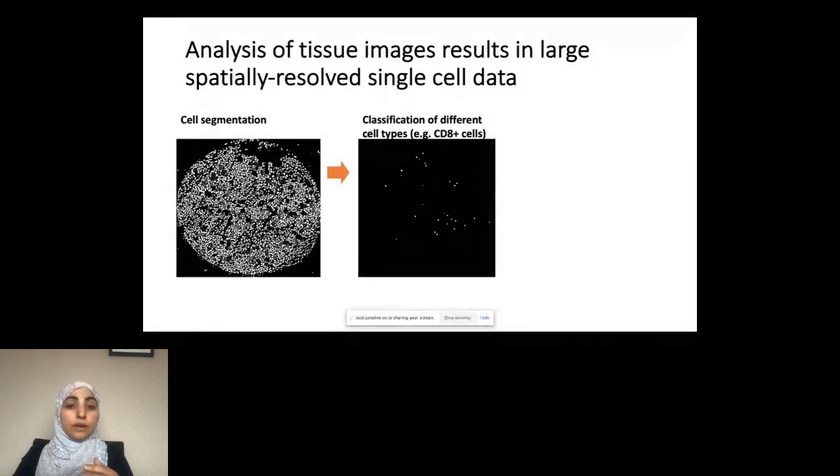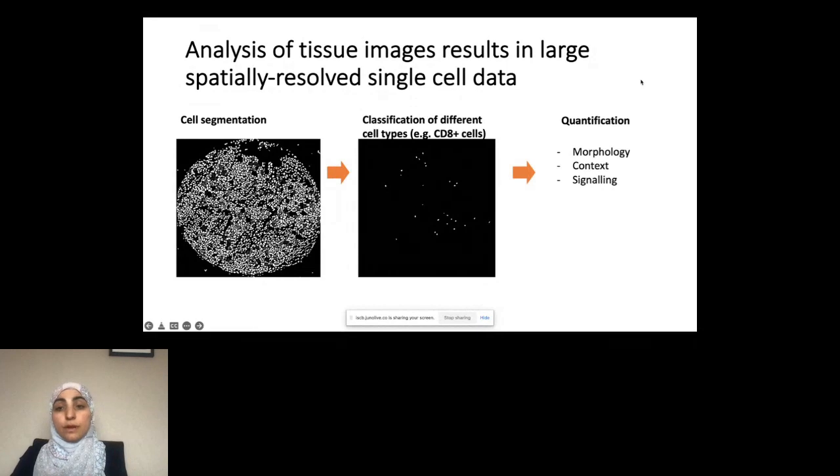We need to classify the different cell types like CD8 positive cells, CD68 positive cells, etc. From that, for each cell, we can extract various information like the morphology, the length, the width, the area, but also the context. How is the surrounding of the cell, is it dense? Does it have a lot of neighbors? What is the identity of surrounding cells, as well as the signaling, so the protein levels that we have in the data set or in the images.